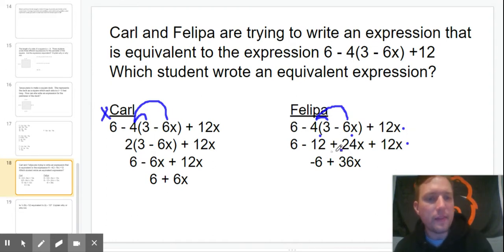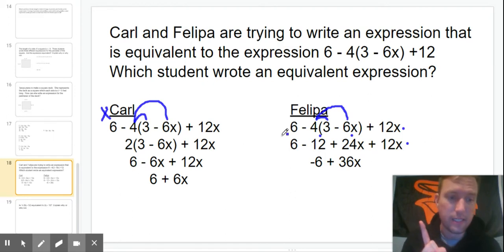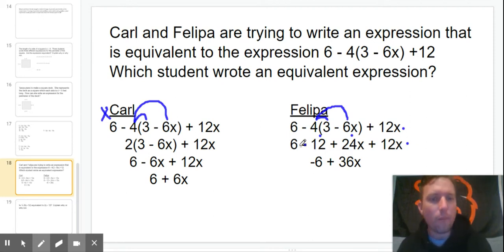Now, if you look at this second row here, she simplified it. She's taken the first step and has done the distributive property of multiplication. Now, if we look here, what can we do? Well, I have 6 and 12. Those would be my constant terms. And I have 24x and I have 12x. Those would be my variable terms.